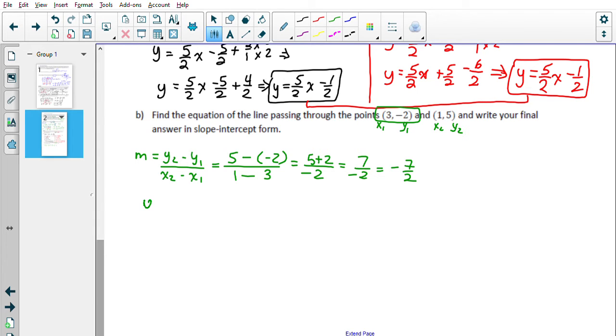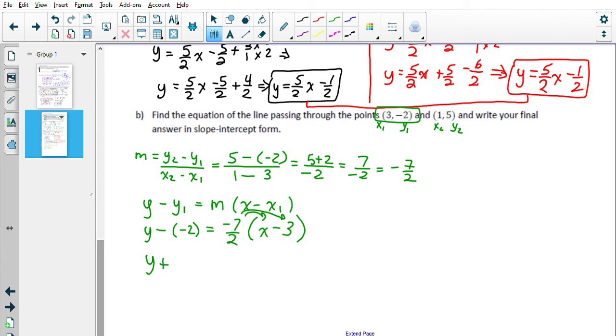So in my equation, y subtract y1 equals m(x minus x1). So y minus negative 2 equals negative 7 over 2 (x minus 3). We're going to distribute. I'll also change this sign, y minus minus 2, at the same time.